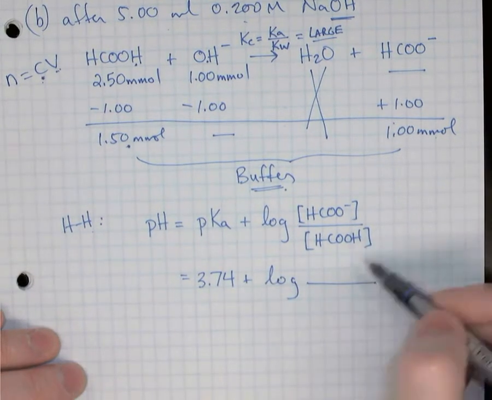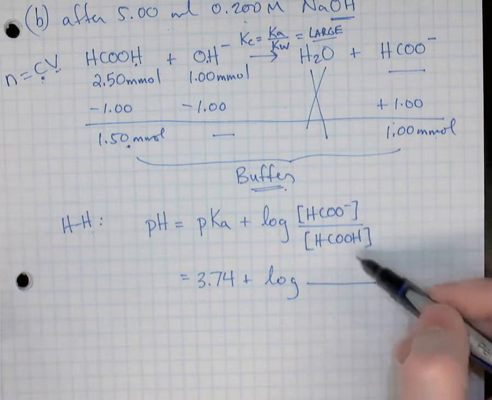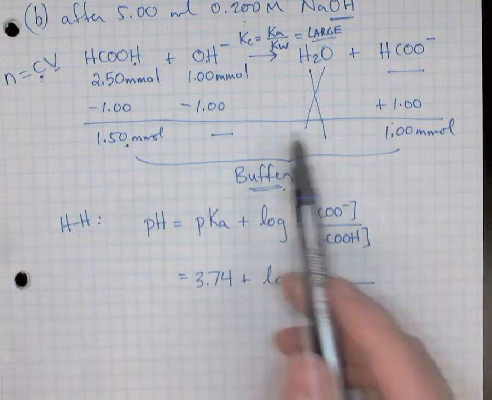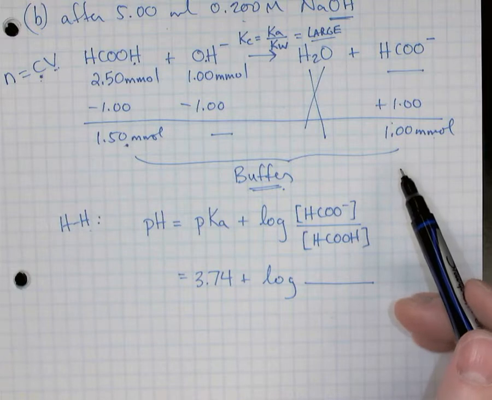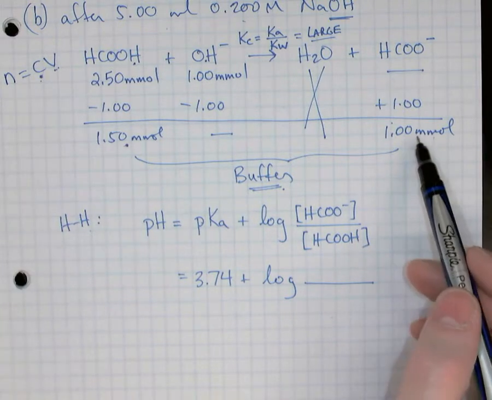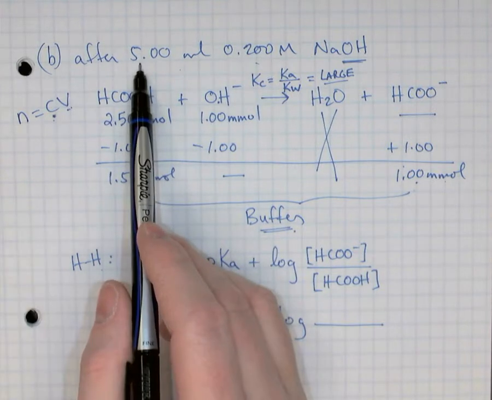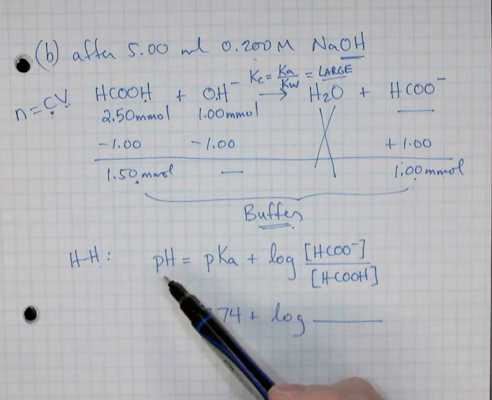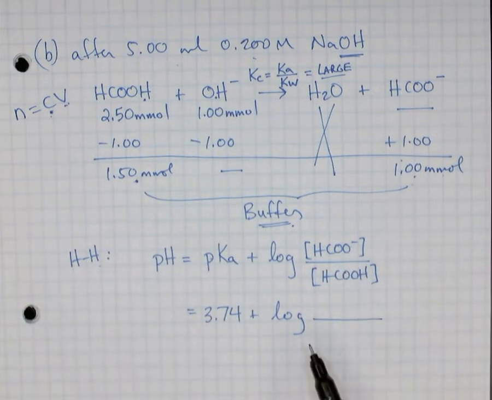Now, although the Henderson-Hasselbalch equation specifies concentrations in this ratio, because these two substances are dissolved in the same solution, their volumes are equal. So we could take the total volume right now, which is 5 mLs plus the original 25, the total volume is right now 30 milliliters. We could divide each of those by 30 to get their concentrations.